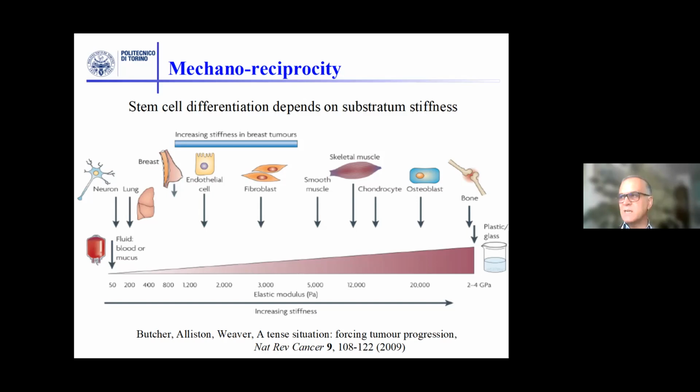So if the stem cells are directly injected into the tissue, there is the risk of generating something that is not what you want. I mean, if you have a heart attack and you want to cure your heart by injecting stem cells directly, if that part is too stiff, you can generate osteoblasts. So it doesn't make any sense, for instance.